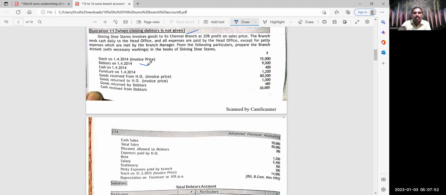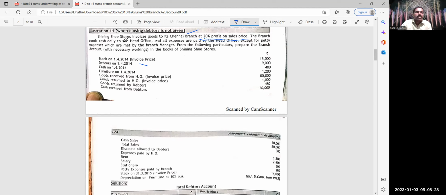I've already told you that if the profit is given on sales price or invoice price, you will not change it, because the price mentioned in the sum is the invoice price, that is sales price itself. So you will not be changing. If the profit is given on cost, only then it is changed.